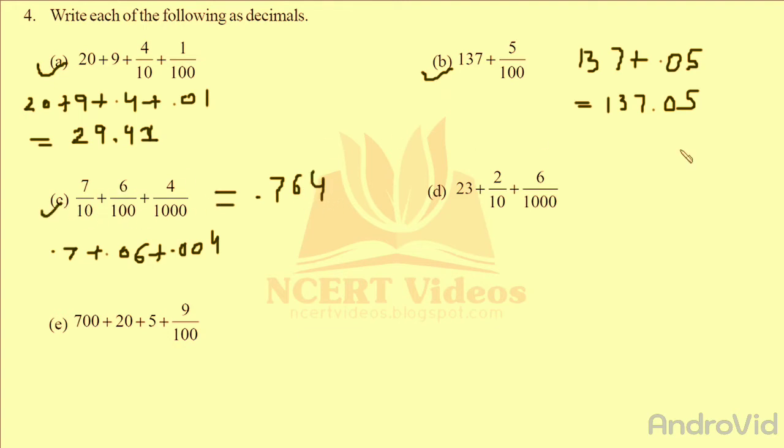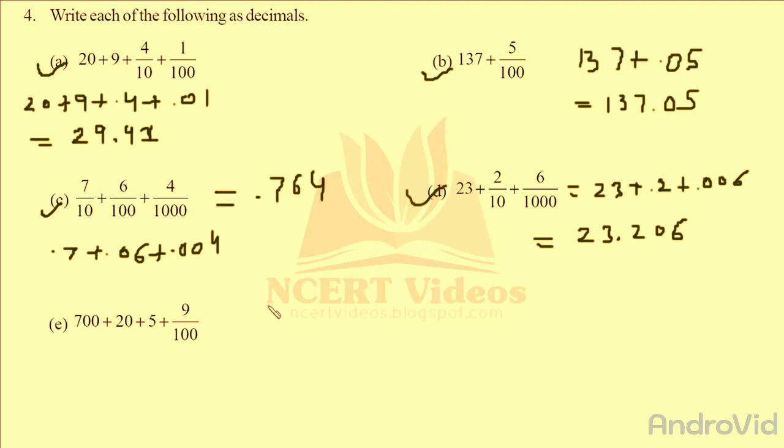Now here 23 plus 0.2 plus 0.006, because we have 3 zeros there, so we have to write 3 digits. 23.206 when you add it.